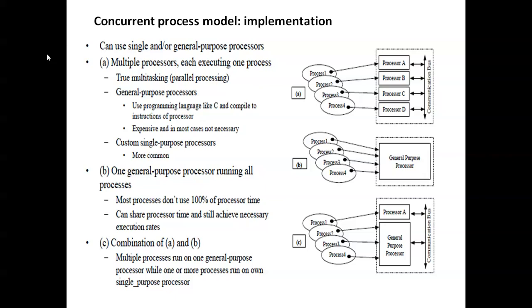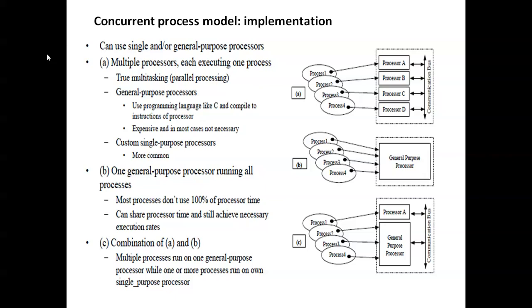They work separately and have a communication bus between all the processes. In the next one, a general purpose processor runs all the processes. Most processes don't use 100% of processor time and can share the processor time, and still achieve the necessary execution rates.